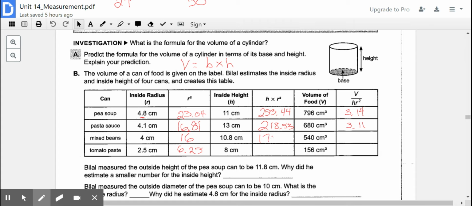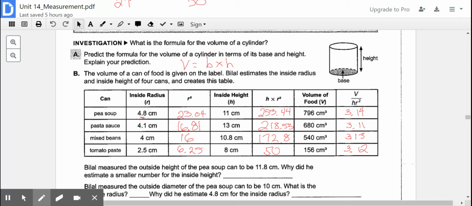I get 172.8. So let's divide 540 by 172.8, and I get 3.125, which is 3.13. Let's try the next one. 6.25 times 8. My height times the radius squared is 50, and I can do 156 divided by 50, and that is 3.12.